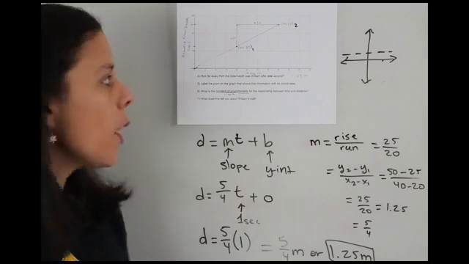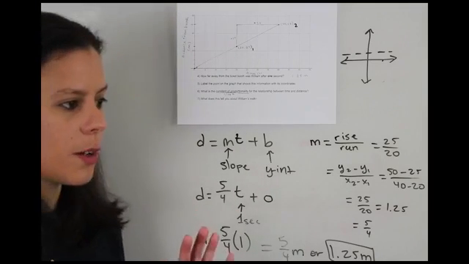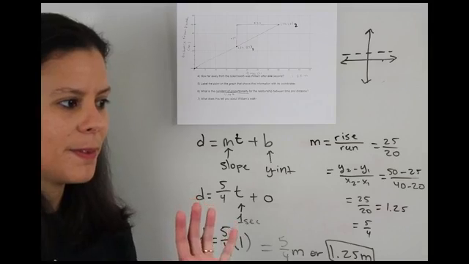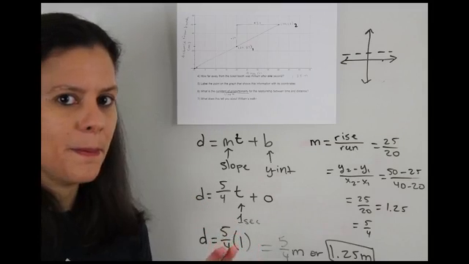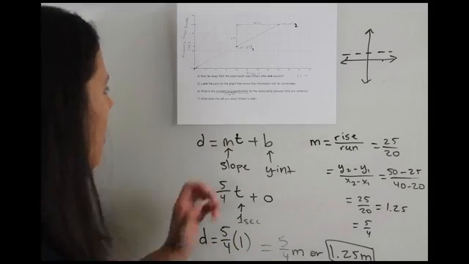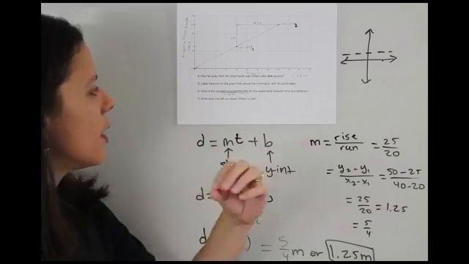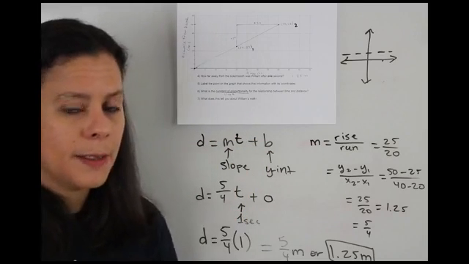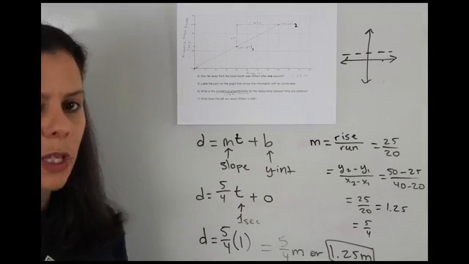Awesome. Questions on what we've done so far? No? Not right now. All right. So the last one is, what does this tell you about William's walk? What can you tell me about William's walk?